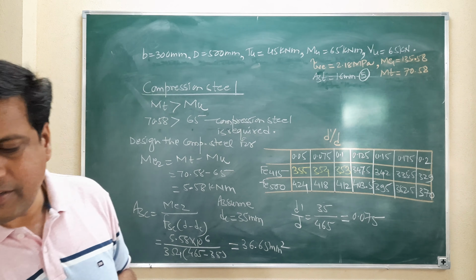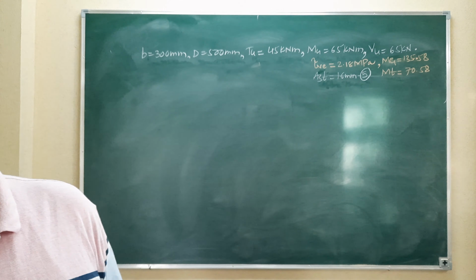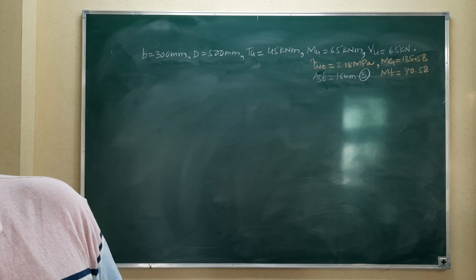Now what about the shear reinforcement? The last step. The shear reinforcement is designed by assuming 6 mm or 8 mm diameter bars as usual.